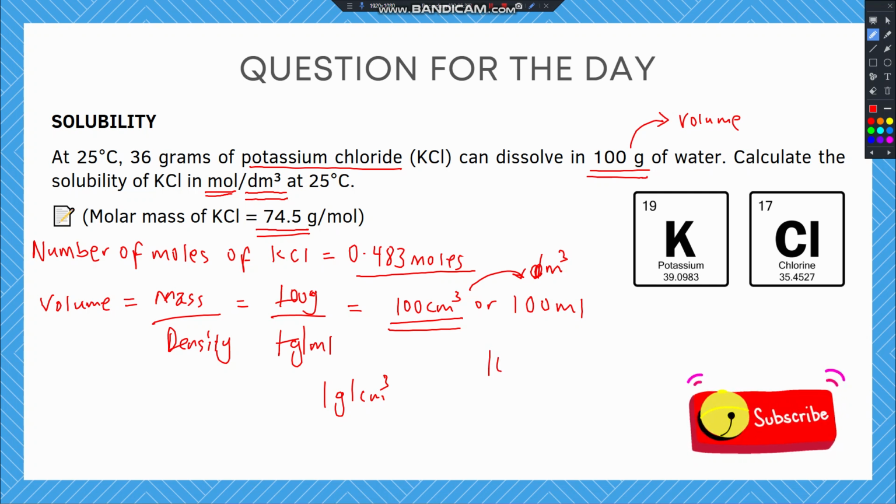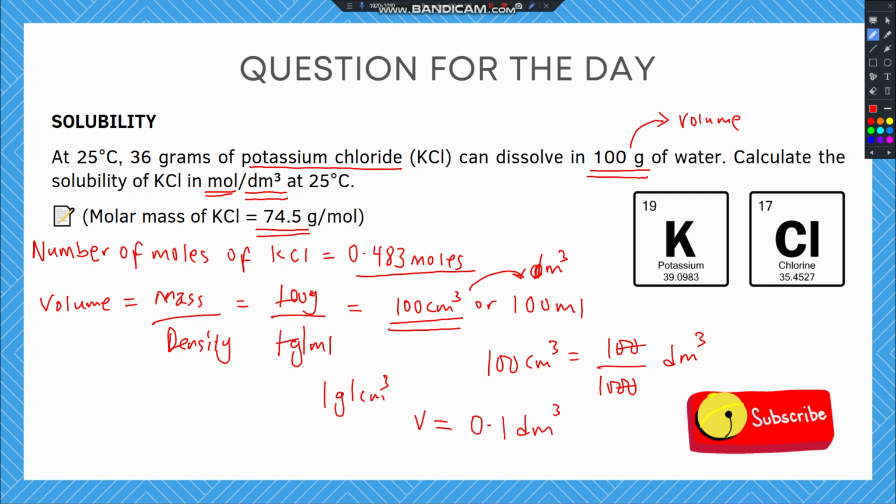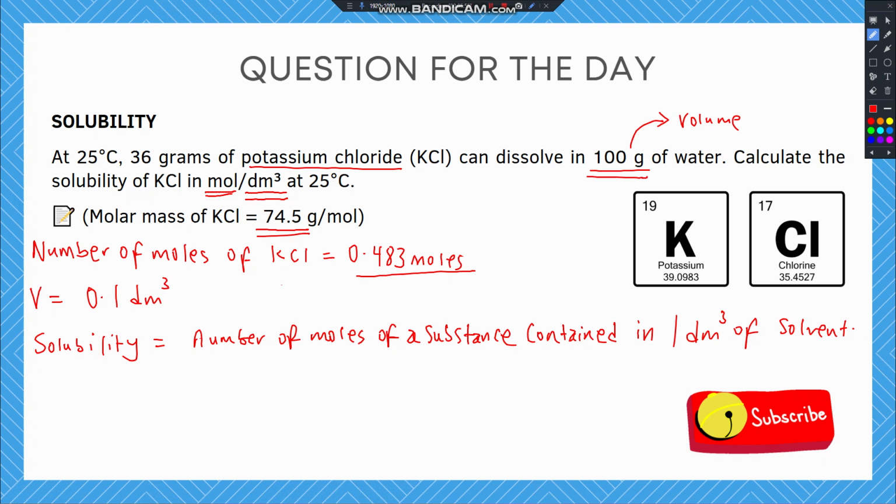So 100 cm³ will be equal to 100 divided by 1000 dm³. When we do this math, we end up having volume is equal to 0.1 dm³. Now at this point, we have the number of moles of the solute, which is 0.483, and we have the volume, which is 0.1 dm³.